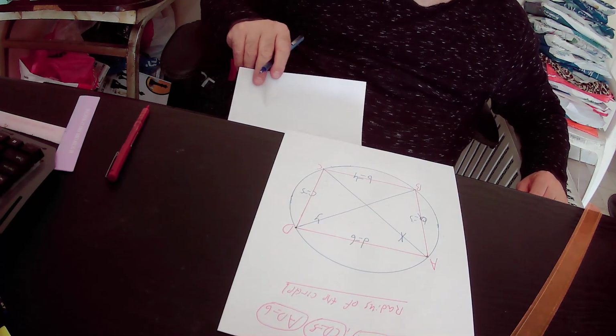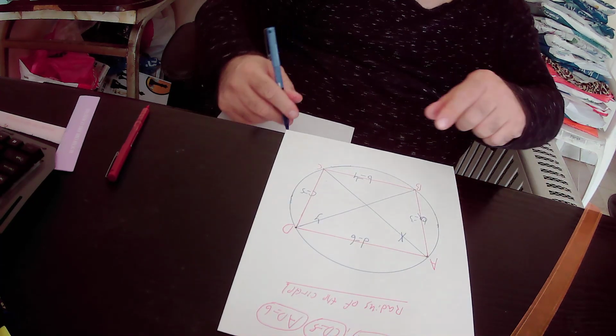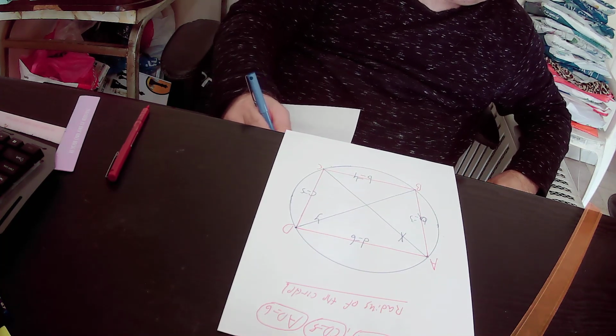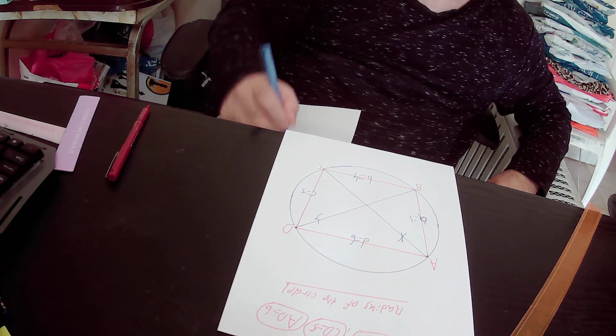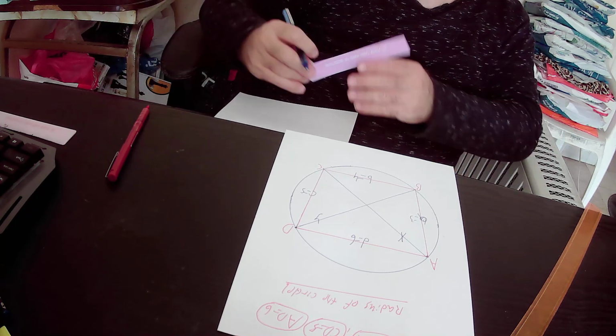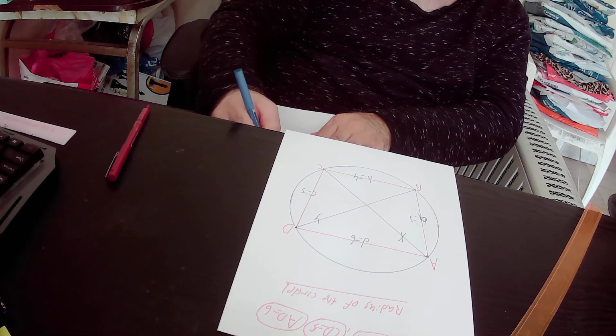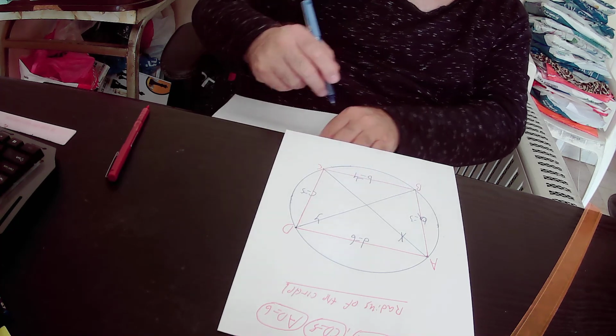So in the next step we will focus on triangle ADC. Actually this triangle ADC is inscribed by this blue circle.